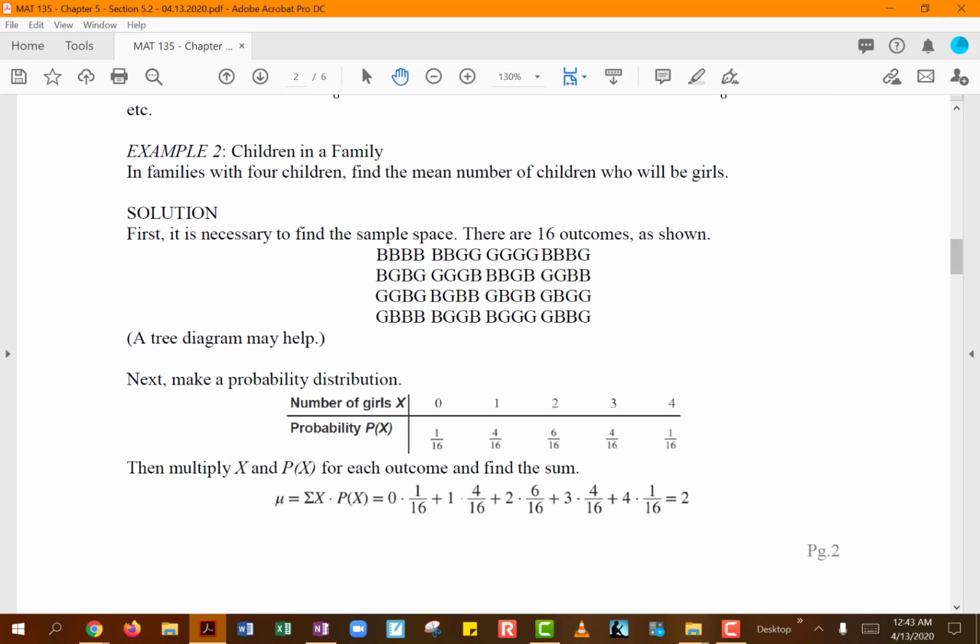Now, another example here is talking about a family with 4 children, and we want to know what the mean number of girls will be, basically, in this family. So, of course, the first thing you have to do is find your sample space, and we had actually done this example in the last chapter, but you will have 16 outcomes here. So basically, your number of girls can be 0, which means all of them would be boys, right?